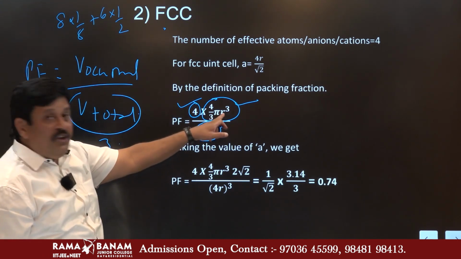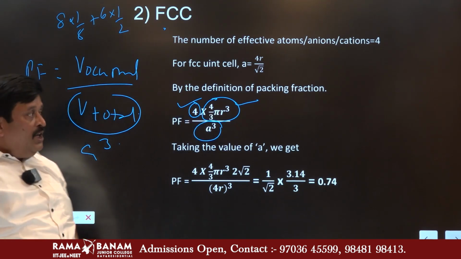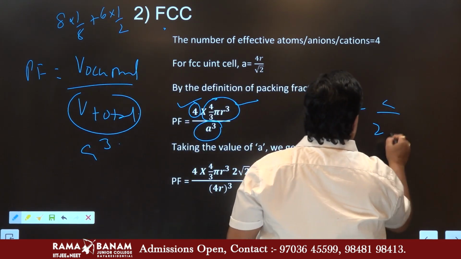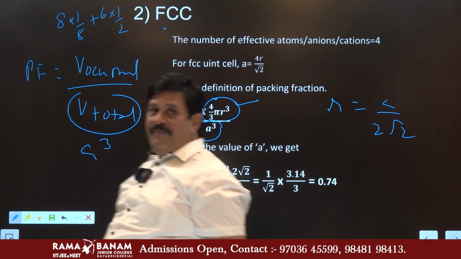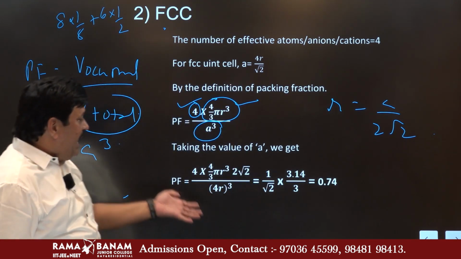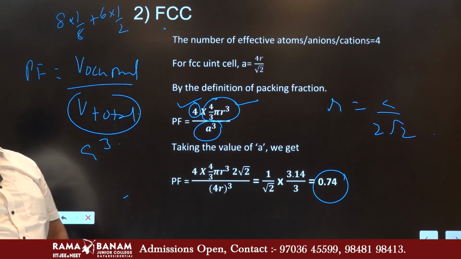You should substitute r in terms of a. In the last board we discussed r is equal to a by 2√2 in FCC. So simply substitute the r value in terms of a, and we will get the packing fraction 0.74.